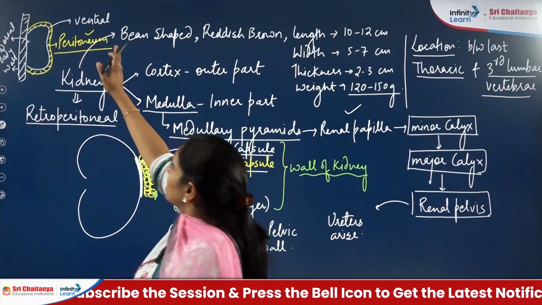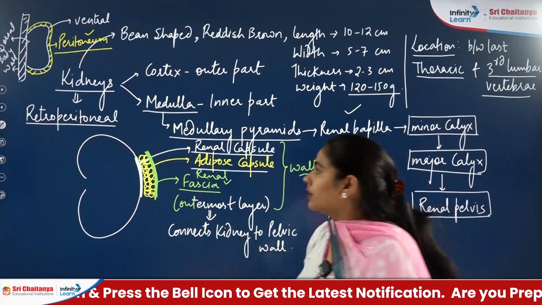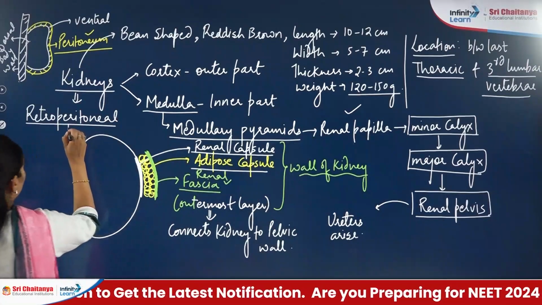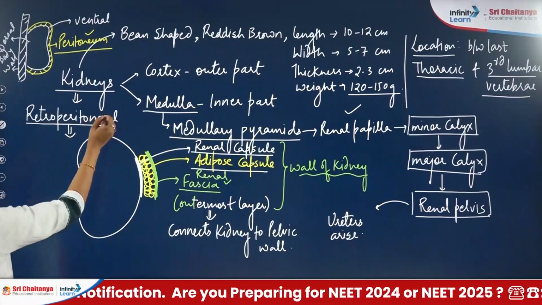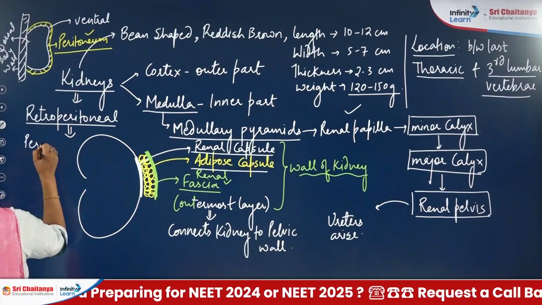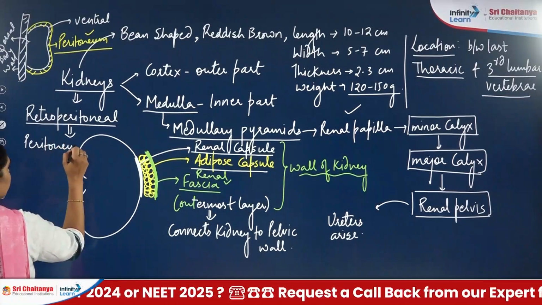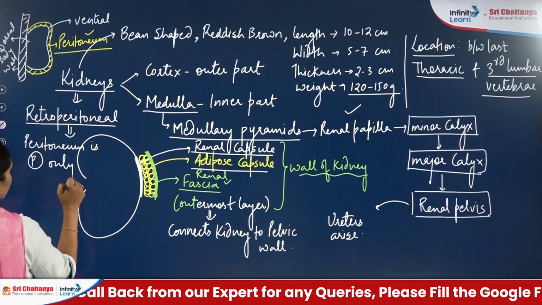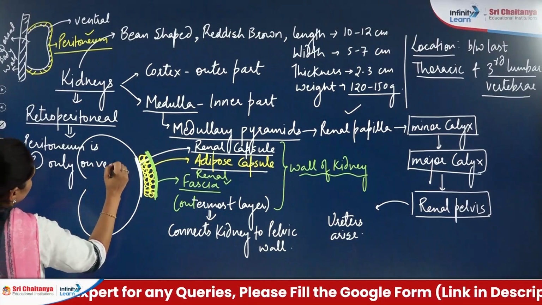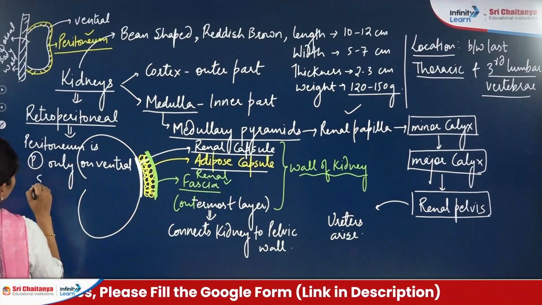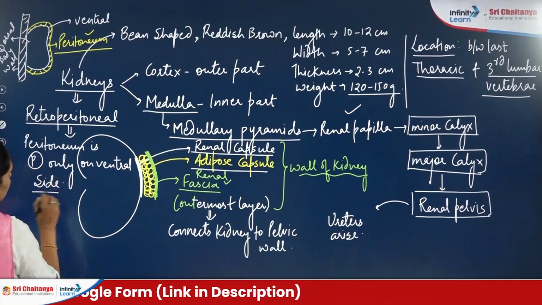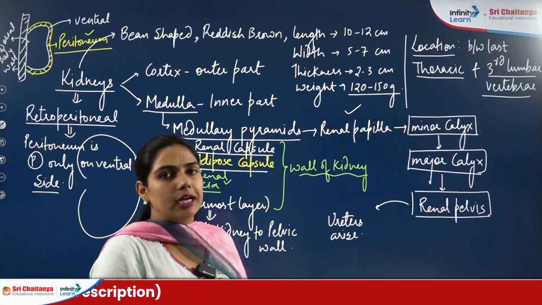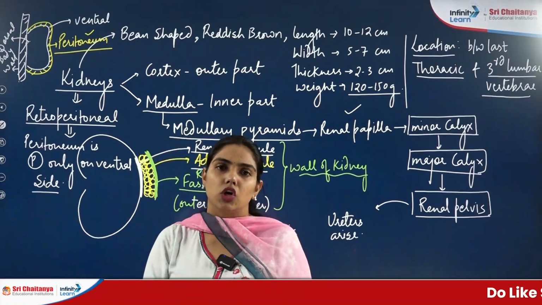That is why we say peritoneum cover is only present on the ventral side. That is the meaning of retroperitoneal. Retroperitoneal means peritoneum is present only on the ventral side, not present on the dorsal side, because the dorsal side is fused with the dorsal body wall.